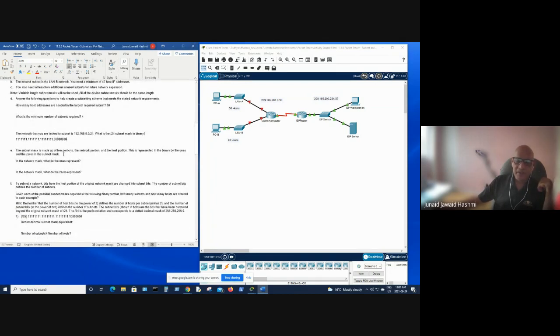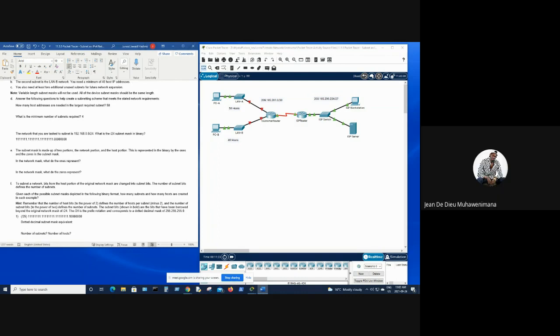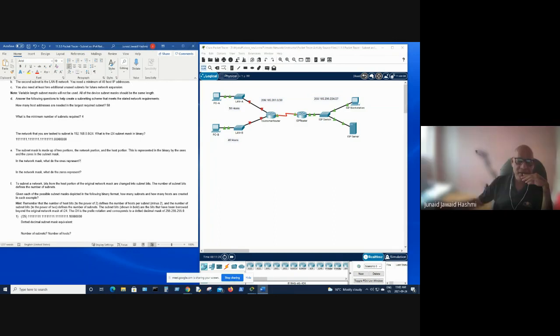The subnet mask is made up of two portions, the network portion and the host portion. This is presented in binary by the ones and zeros in the subnet mask. In the network mask, what do the ones represent? Jean, what does all ones mean in the subnet mask? Network. Excellent.